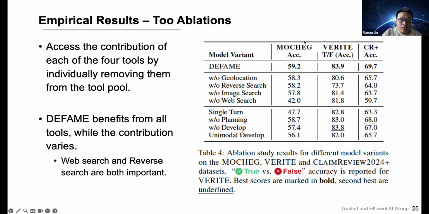As we can see for the first data set and the third data set, after removing the web search, the performance drops dramatically. So web search is very important for both the first and third data sets, while the reverse image search is important for their own curated data set. And also a takeaway is that this framework benefits from all of the tools.